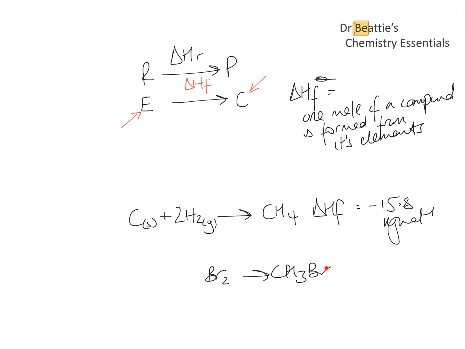The elemental form of the Br, the bromo, is going to be bromine, and remember it's diatomic. Because we only have 1 bromine in the actual bromomethane, we're going to have only half of a molecule of bromine.